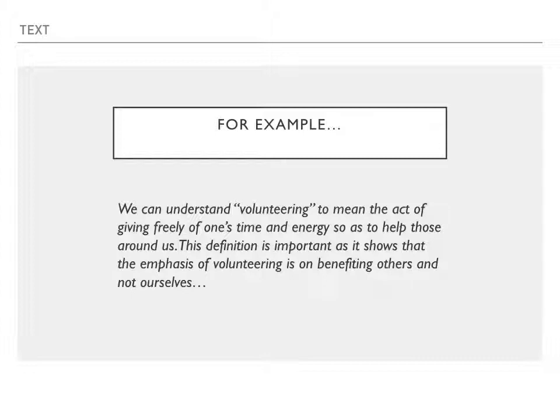We can understand volunteering to mean the act of giving freely of one's time and energy so as to help those around us. This definition is important as it shows that the emphasis of volunteering is on benefiting others and not ourselves. So I've used 2 sentences here to explain in slightly more detail what I mean by that topic sentence. Okay?